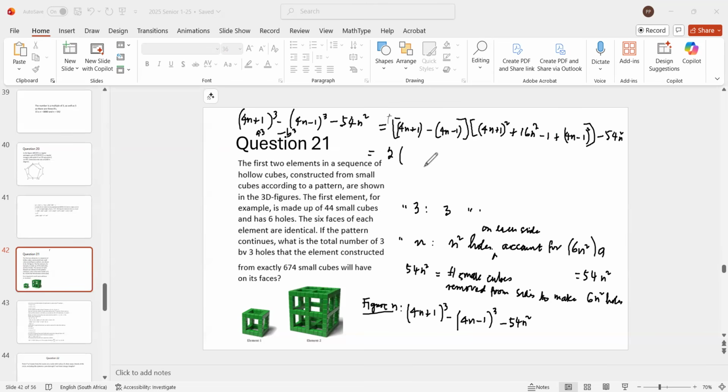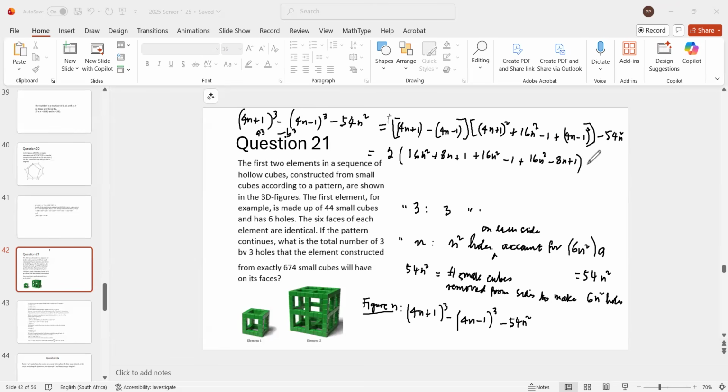And here, let's expand all these things. You've got squaring 4n plus 1, 16n squared, plus 8n, plus 1, plus 16n squared, minus 1. And here you have 16n squared, but minus 8n, plus 1.